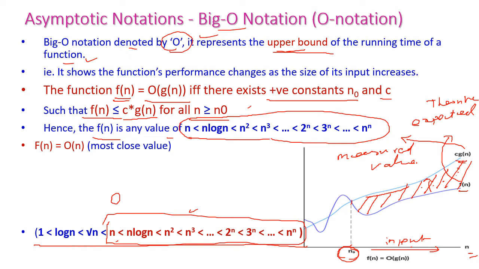Here, the closest one to n. So f of n equal to O of n is the closest value. We can take it like that. So O of n should always be above the n value in this region.